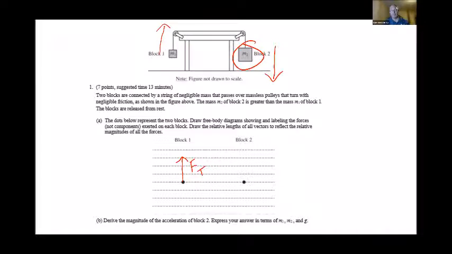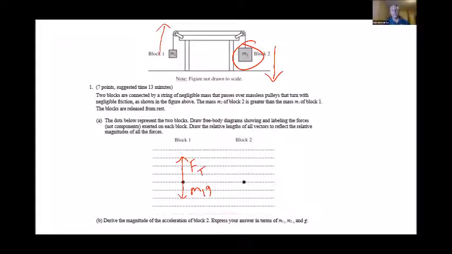When you're doing weight, you probably could get by with just a W. You probably could get by with an FG. But what I would recommend when you're doing weight is to go ahead and do it like this. I'm going to write it as M1 times G. That's what weight is, right? Mass times gravity. And notice that I drew that arrow a little bit shorter than I drew the tension arrow.